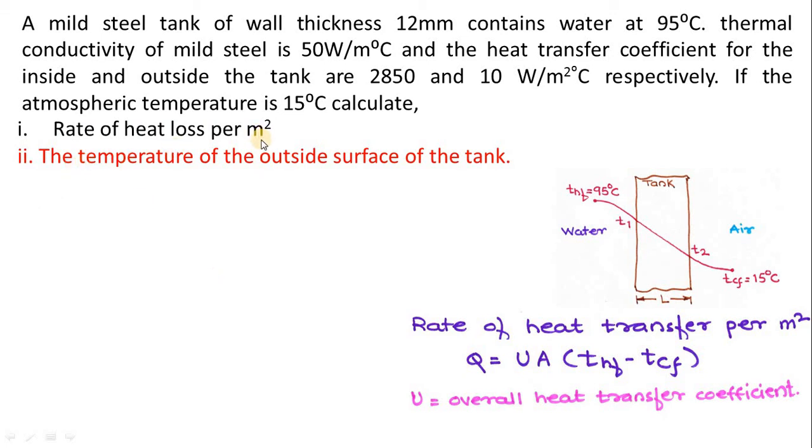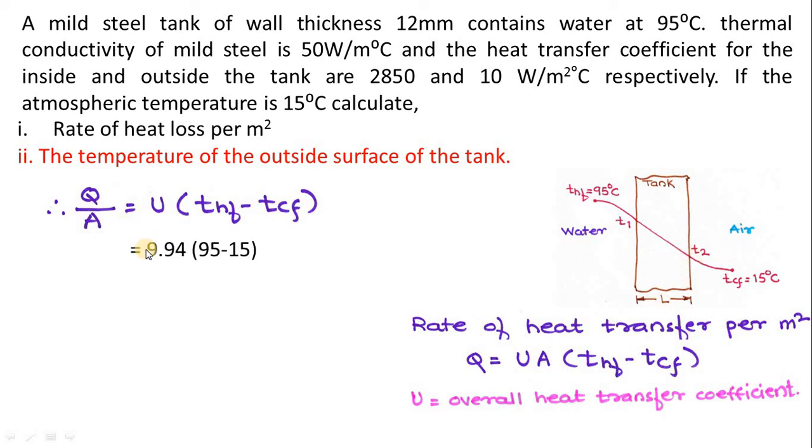Now the temperature of the outside surface of the tank means the temperature T2. Since we know the value of Q upon A, by using this formula, if I write Q is equal to HCF A into the bracket T2 minus TCF, here it is TCF, right? Because I need to find out the heat transfer through the convection.